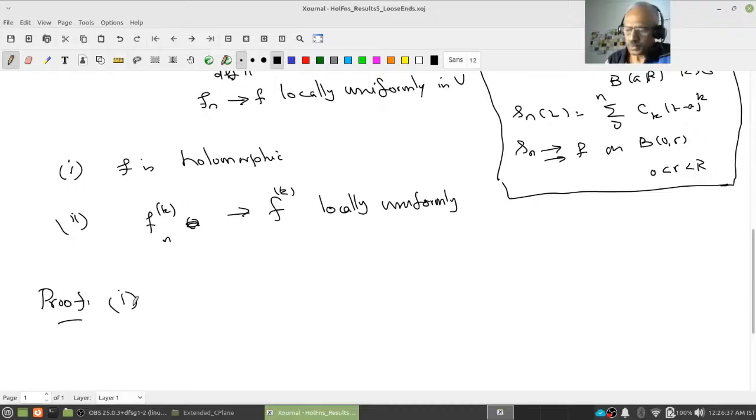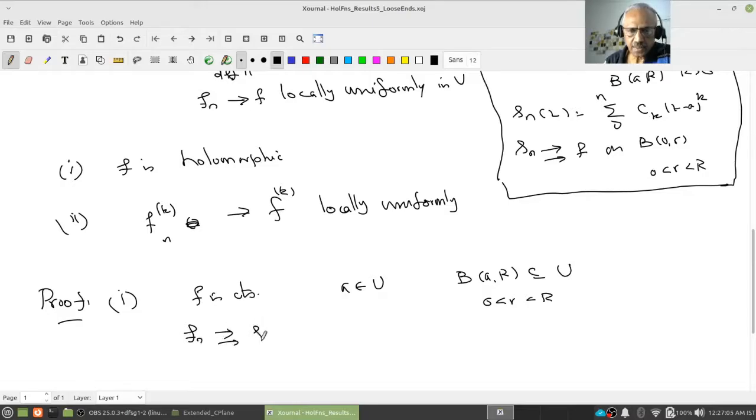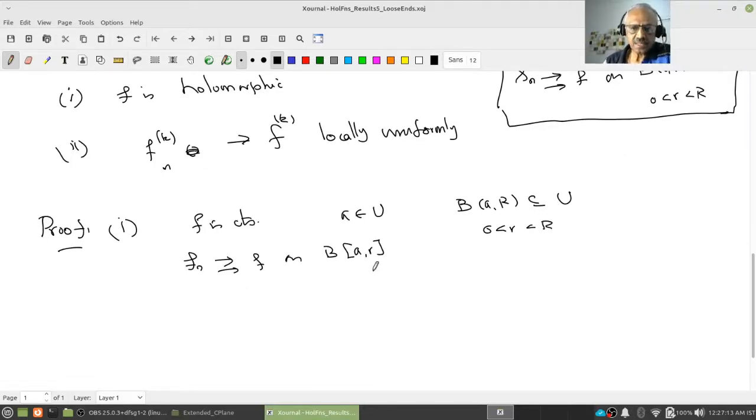The first one we had already seen as an application of the Weierstrass theorem. First notice that F is continuous. Why? Fix any a in U and an R so that the closed ball B(a, R) is contained in U. Then Fn converges to F on the closed ball, because it is a compact set, therefore this converges uniformly.